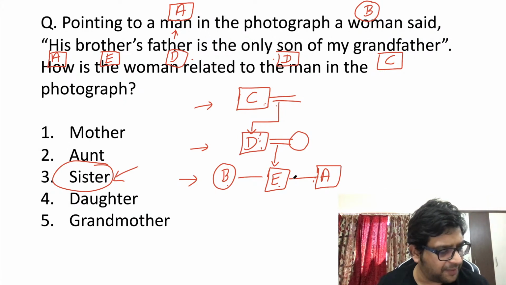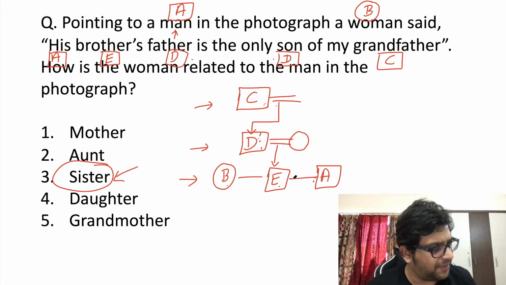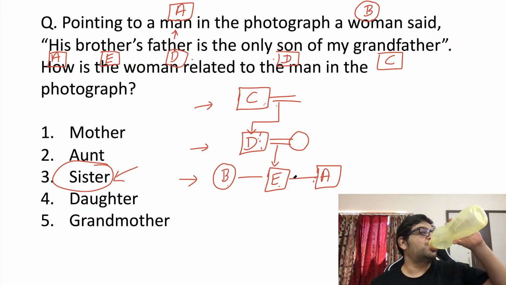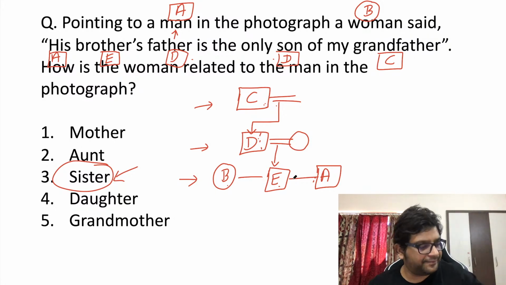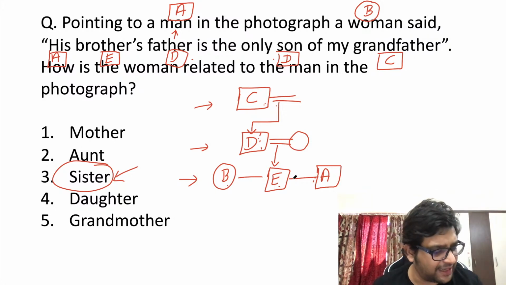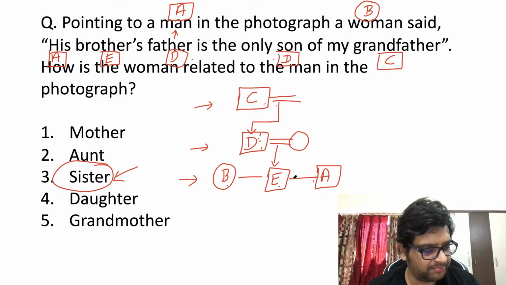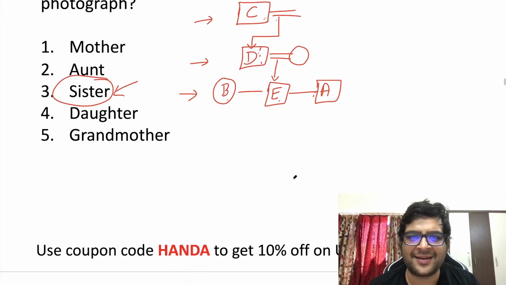Praveen also agrees with me. What about you, Ashutosh and Karan? Did you get it as a sister? Ashutosh and Karan, what's the answer that you got for this one? Okay, good to see that.